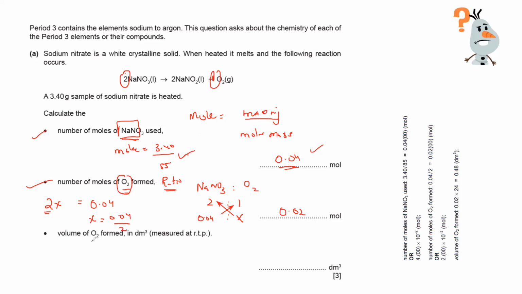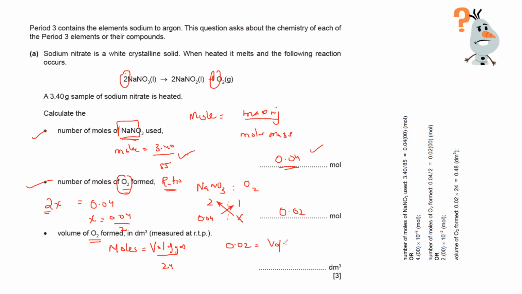Then the third one, we need the volume of oxygen formed. How much oxygen is formed, we need that volume. So to get the volume of a gas, you have again the formula that moles equal volume of the gas divided by 24. So how many moles were there for oxygen? That is 0.02. Volume of the gas, we don't know.